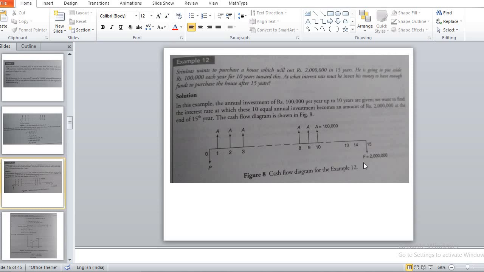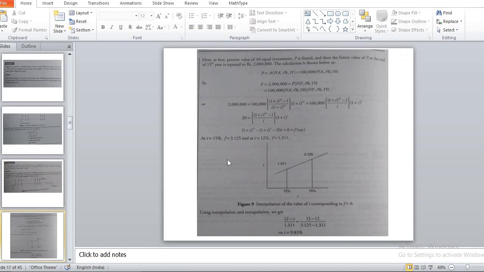This is the cash flow diagram for 10 years: first year, second year, third year. After the 10 years, he has invested rupees 1 lakh each year, and after 15 years he will get 20 lakh. So what will be the rate from year 0 to these years? That we have to find out.